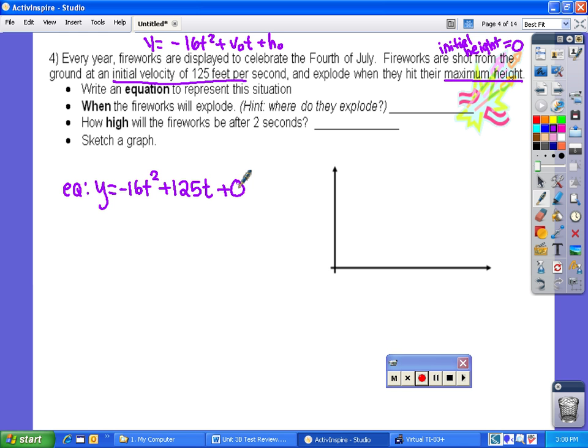So now we still need to find our information, our max, which is our vertex, our y-intercept, our x-intercept, which is when it hits the ground.